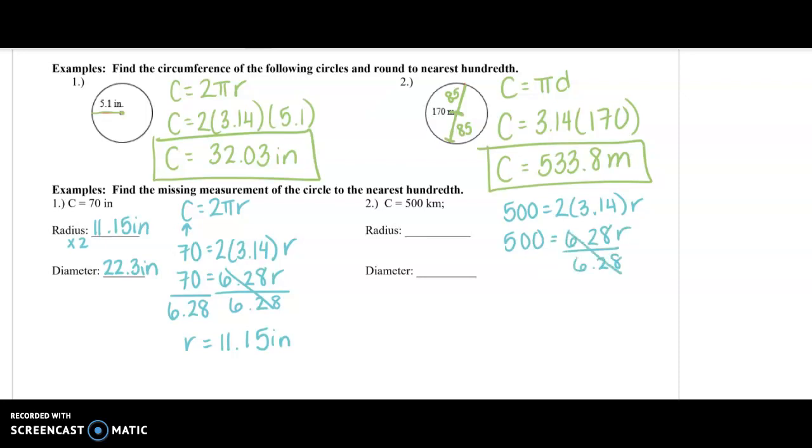Divide both sides by 6.28, and you would end up with, rounding, a radius equal to 79.62 kilometers. Again, you multiply your radius by 2 to get your diameter. So 79.62 times 2 gives us 159.24 kilometers for your diameter.